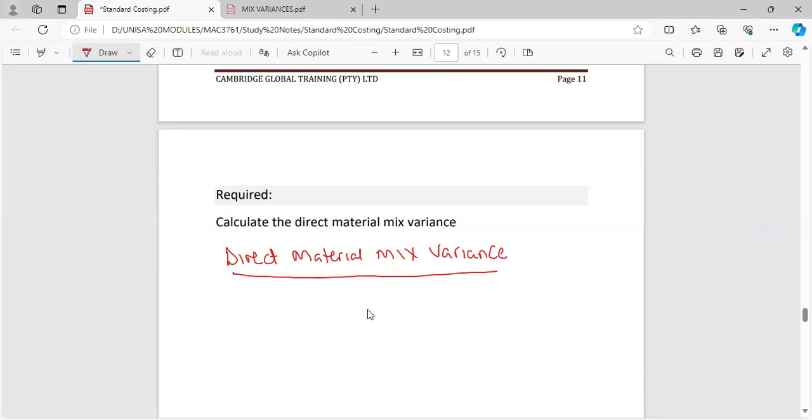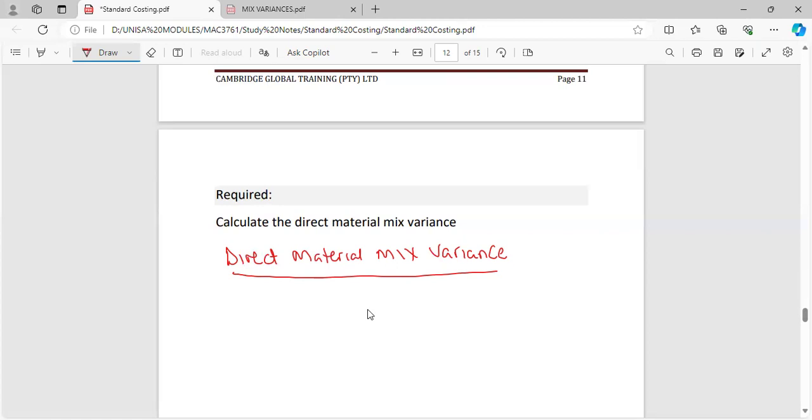You need to start with your formula. That's the first thing every time you are doing your question. You start with your formula. So what is going to be the formula for this one?